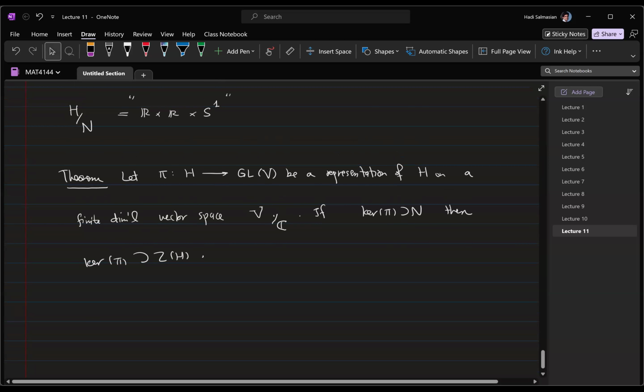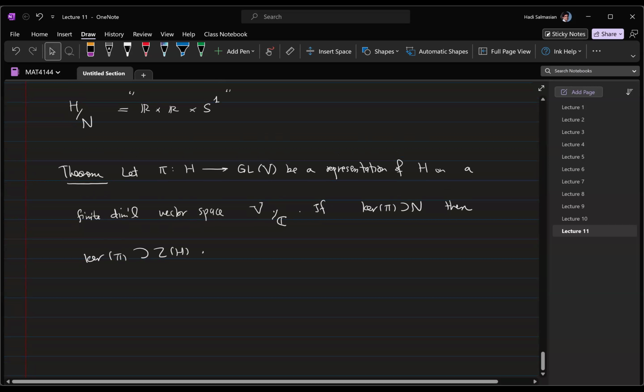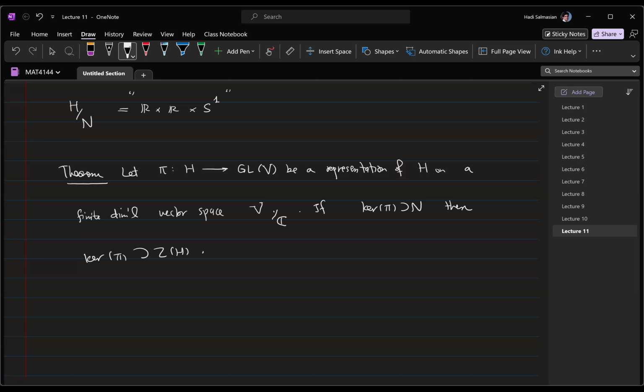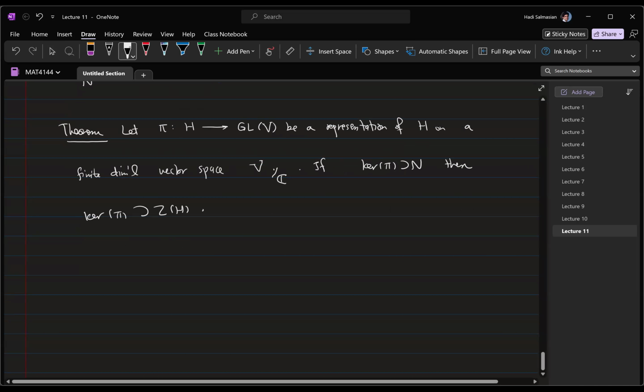Okay? In other words, I cannot have a faithful embedding of H over N into GL(V), because that embedding is just some homomorphism of H into GL(V) with N in the kernel, so the whole center should be in the kernel. That's a corollary: H mod N is not a matrix Lie group.